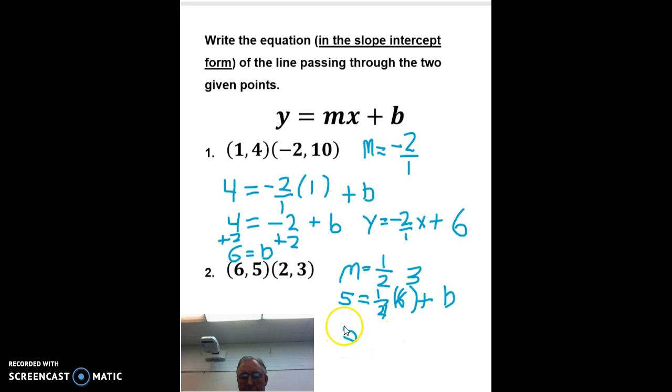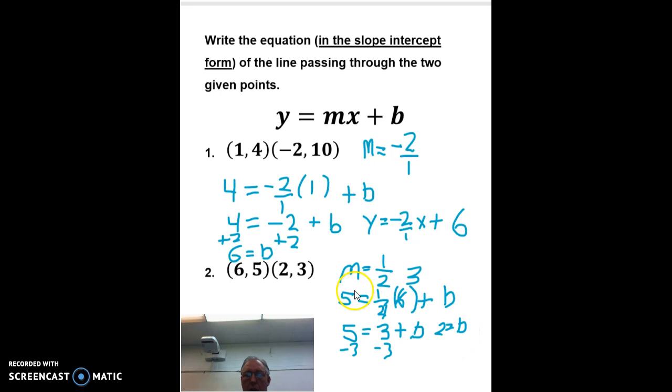So we have 5 equals 1/2 times 6, which is actually equal to 3 plus b. We're solving for b, so we need to subtract 3 from both sides. And so we find out in this case that 5 minus 3, 2 is equal to b.